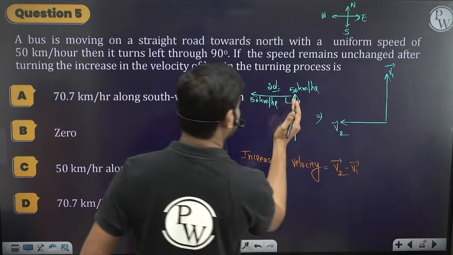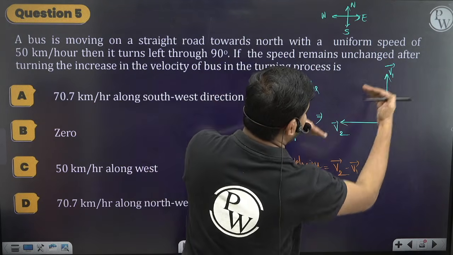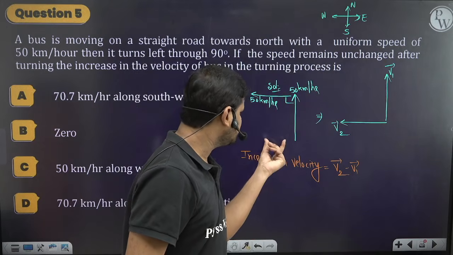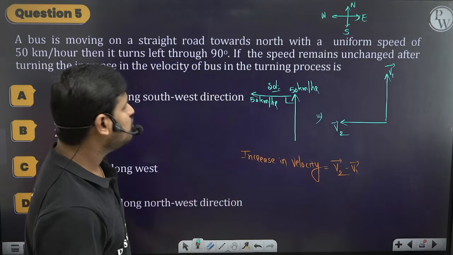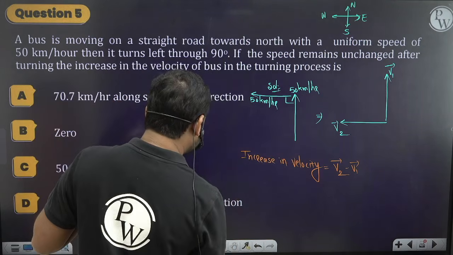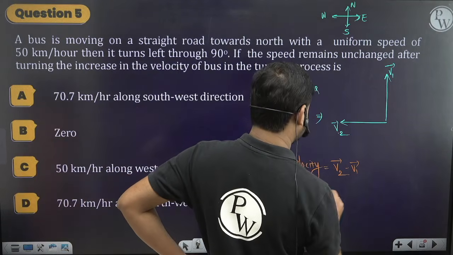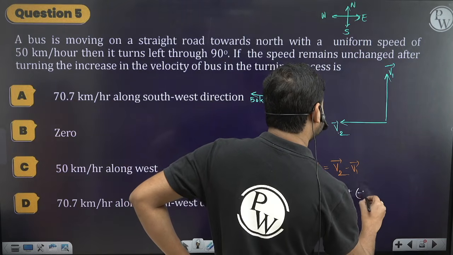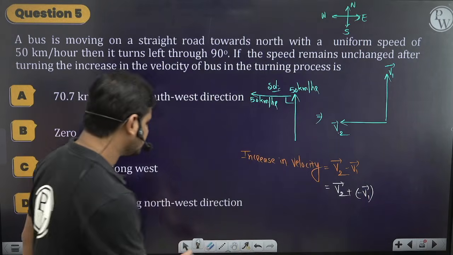Simply I am parallel shifting this vector v2 downward. Sorry, this is v1, this is going to be v2, which is parallel shifted downside. Now what do I require? I require v2 minus v1. How do you find v2 minus v1? The v2 vector is here, so I can simply write this as v2 plus of minus v1. That's it, so you got the answer now.